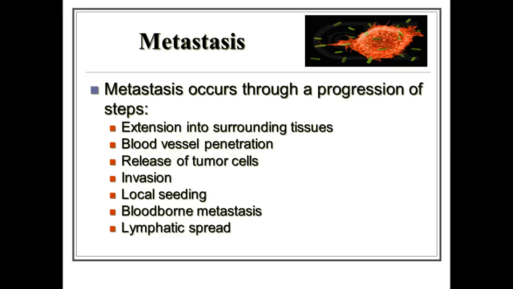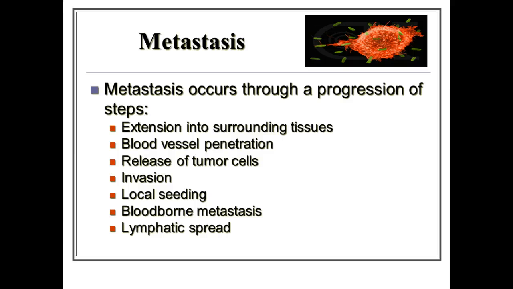A lot of times people don't die just because they have one little cancer; they die because they had one type of cancer and then it moved to another part as well. Some of the characteristics of metastasis are extension into surrounding tissues, blood vessel penetration, release of tumor cells, invasion, local seeding, bloodborne metastasis, and lymphatic spread.